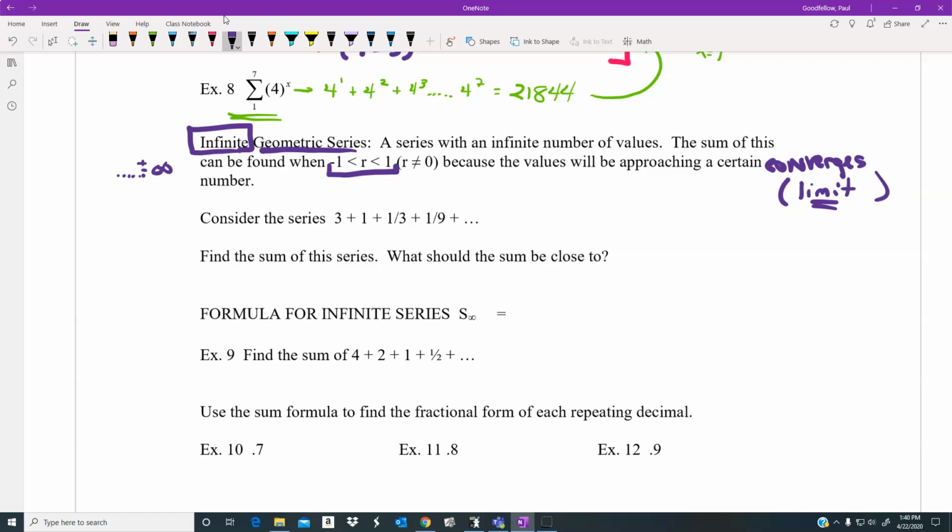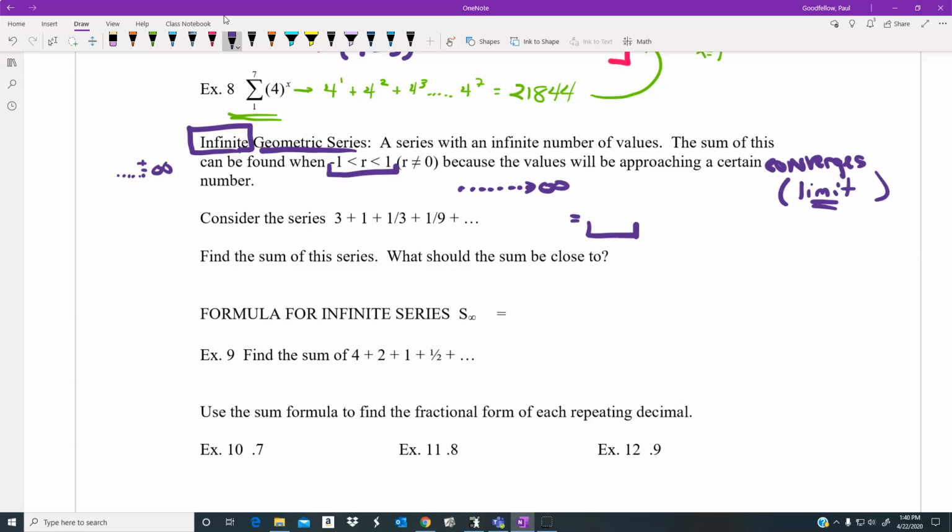And it's strange to think that if something continued on to infinity, that it would more or less coalesce into a value. And that is one of the big things that calculus will help us explore: what happens when we get really close to infinity or negative infinity or really close to a number but not quite there yet.